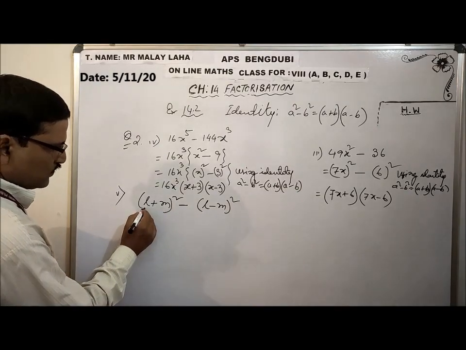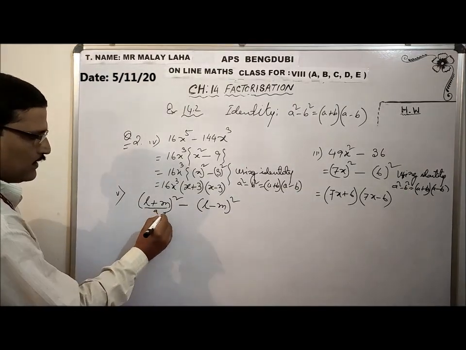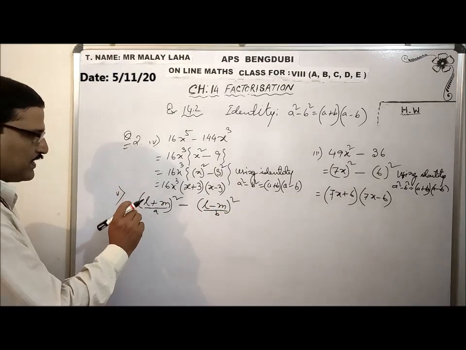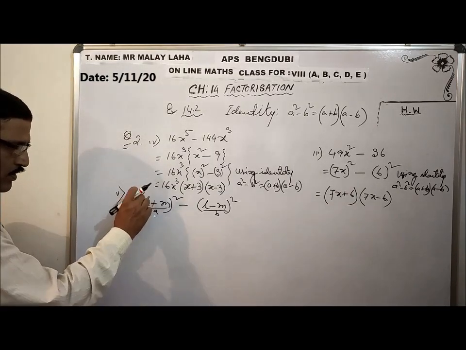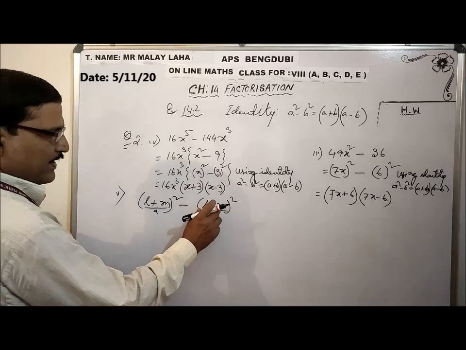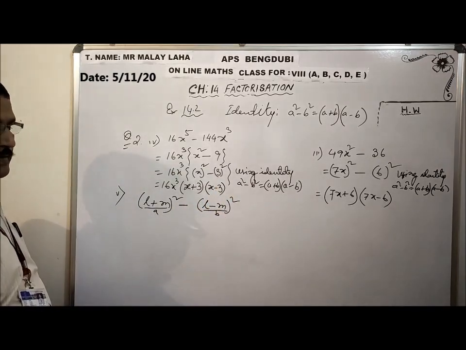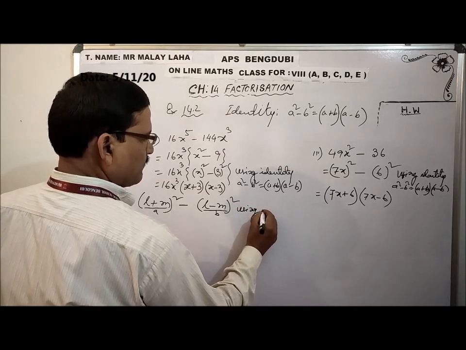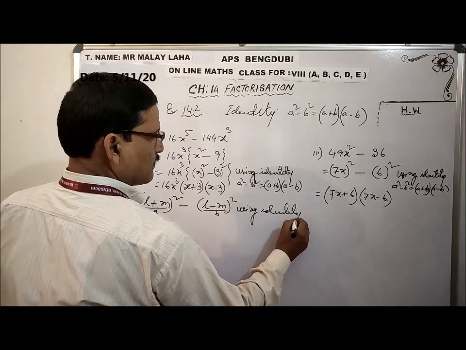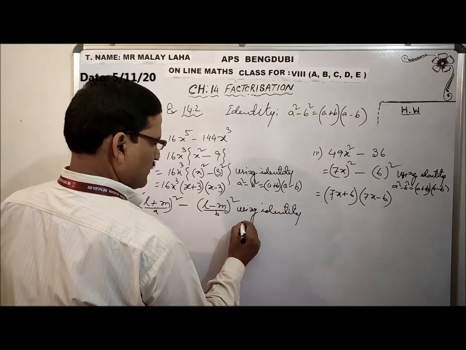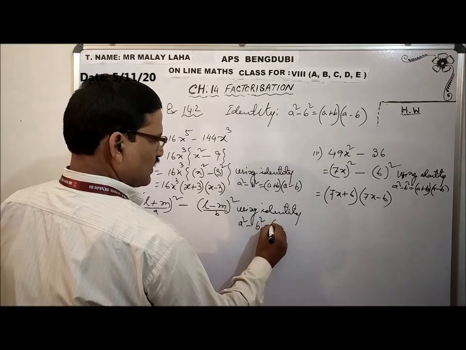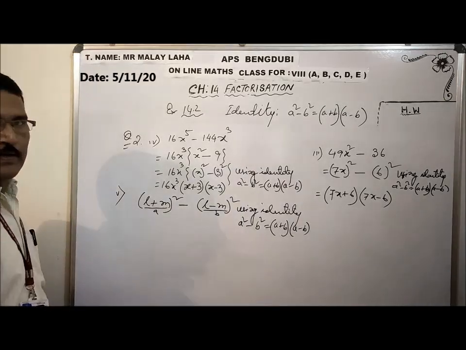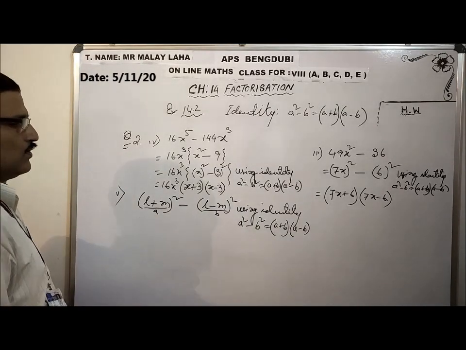So if I consider this whole part as a and this whole part as b, you will not write it, just for understanding I am telling you, l plus m all together I am considering as a and l minus m all together I am considering as b. So then you can write using the identity a square minus b square is equal to a plus b into a minus b.